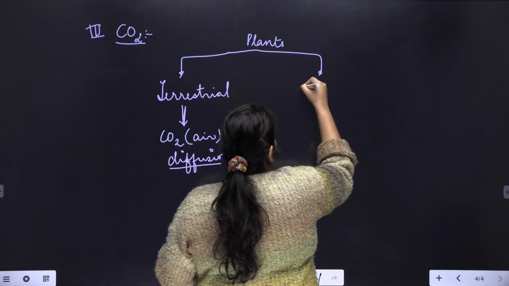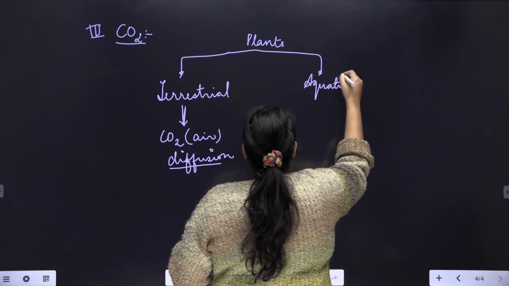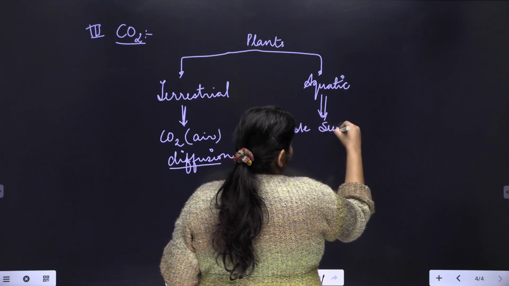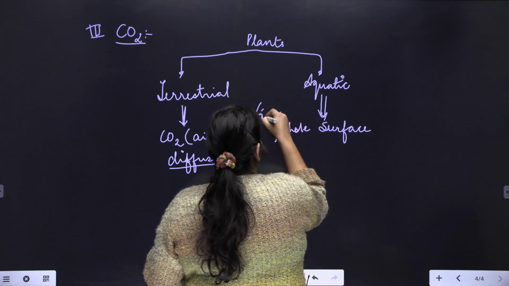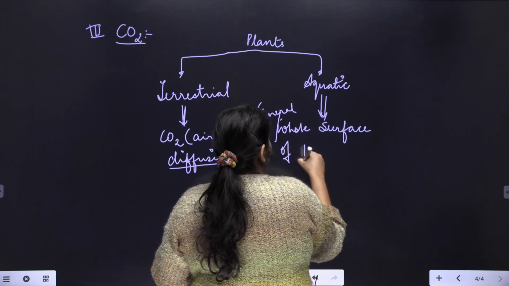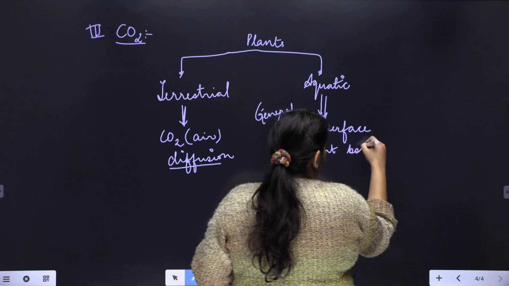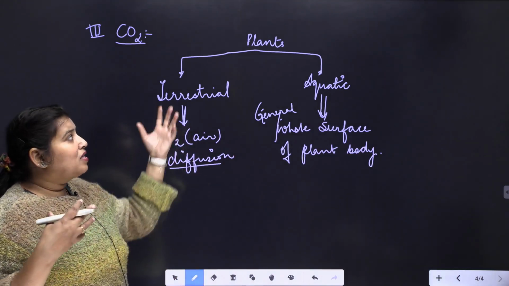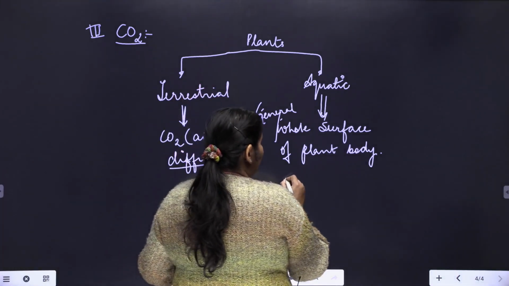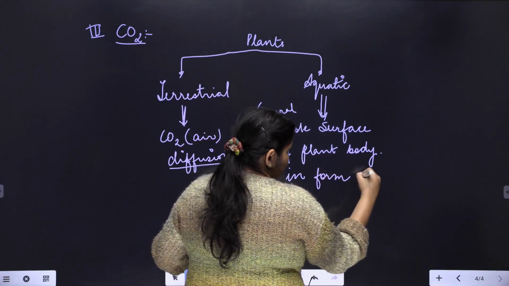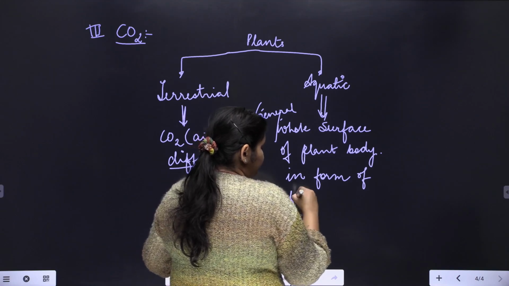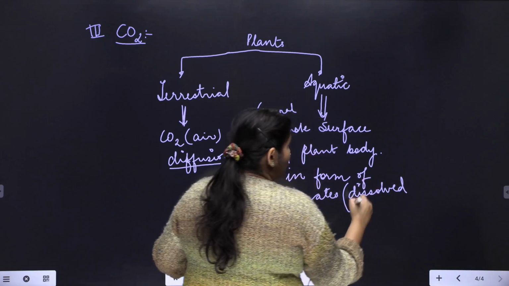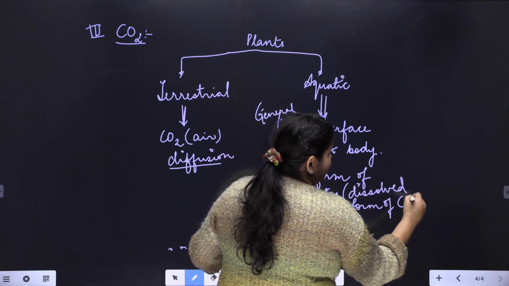And if the plants are aquatic, then the whole plant body surface, or the general surface of the plant body, because aquatic plants are completely submerged in water, so they can easily take up that carbon dioxide from there, but here it is in the form of carbonates, which is the dissolved form of carbon dioxide.